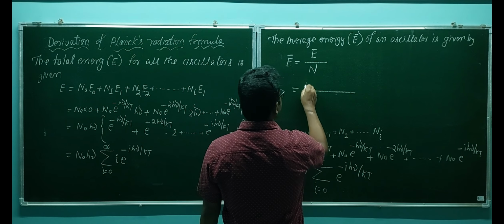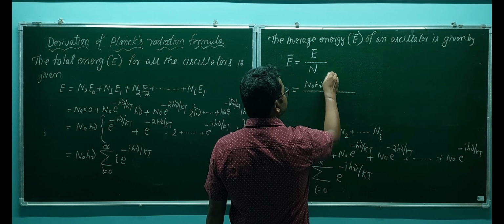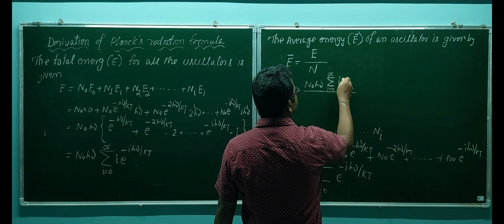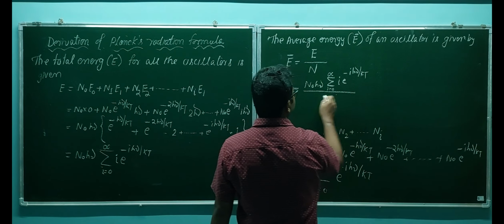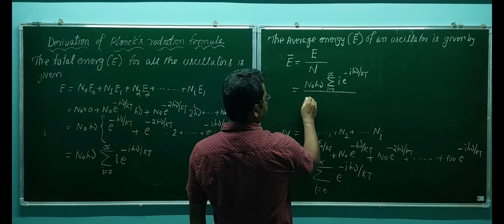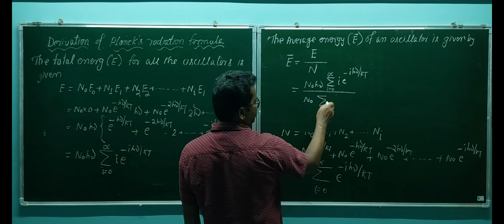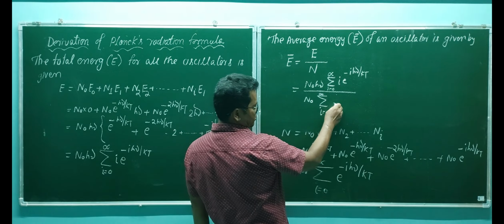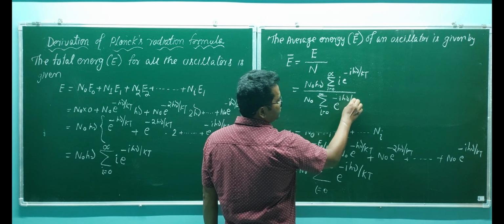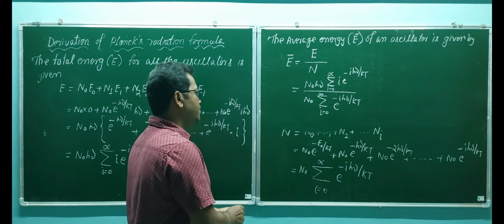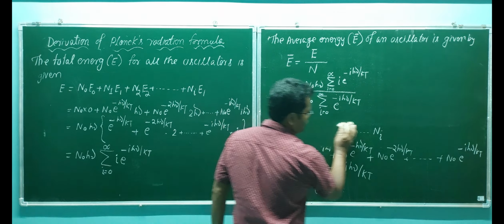We got just now N0 h nu summation i equal to 0 to infinity i into e to the power minus i h nu by kT, divided by N0 summation i equal to 0 to infinity e to the power minus i h nu by kT. Now we shall solve this equation by applying mathematics.